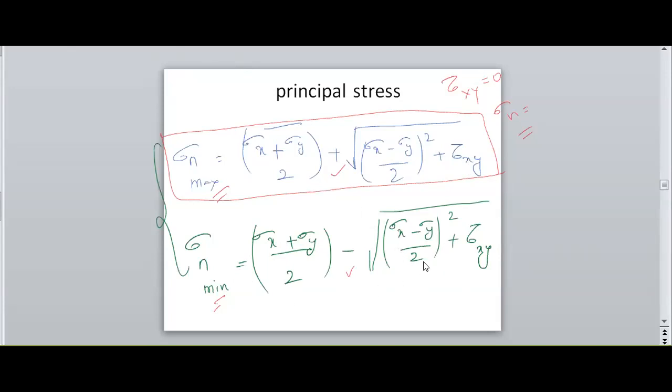This gives the maximum and minimum principal stresses on the oblique plane where shear stress is 0. So this is the analytical method.